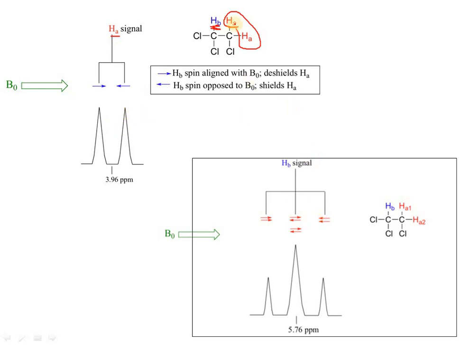Now in this case, there are 2 neighboring protons. The 2 neighboring protons can both have upward movement, both downward, or one upward and the other downward.